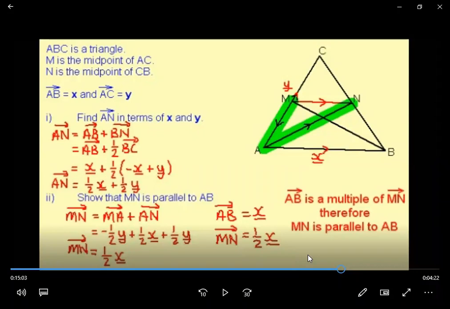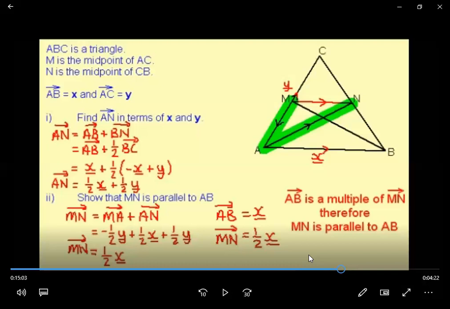Same rule is applied if you're asked for collinearity. You address it just like this. One of the vectors must be a factor of the other or a multiple of the other. That's all you need to know about collinearity and parallel vectors.